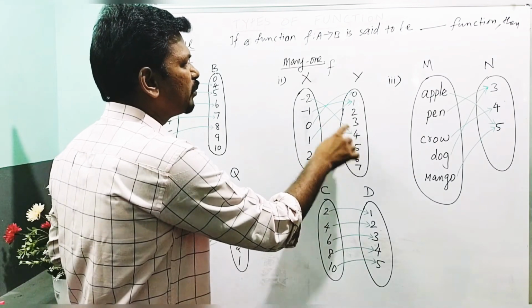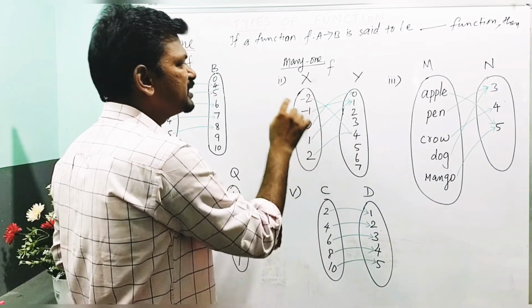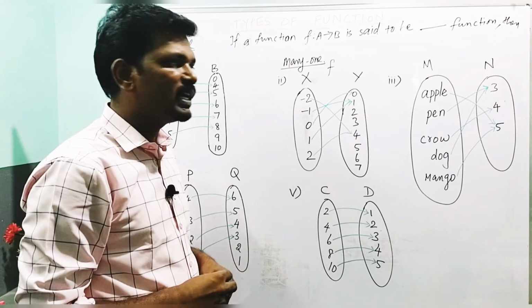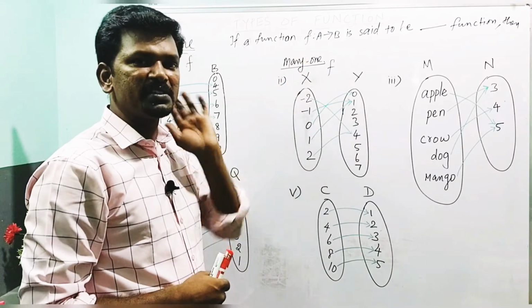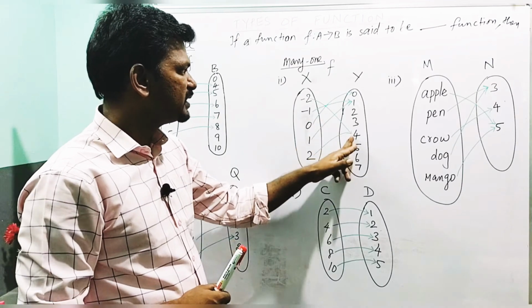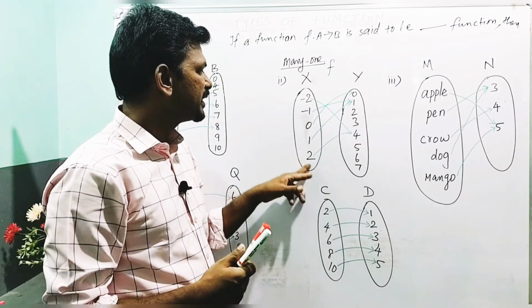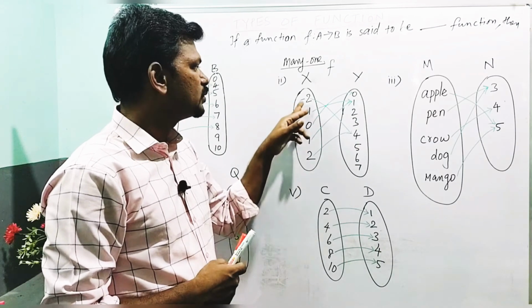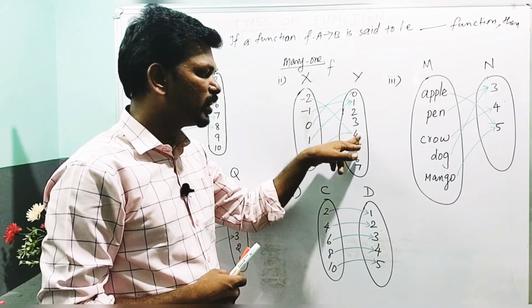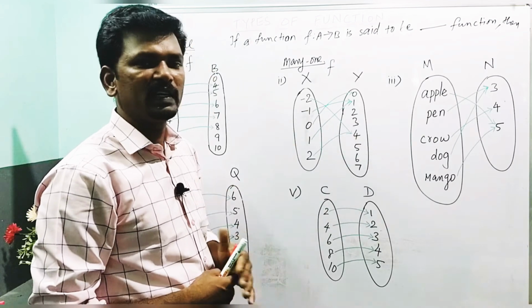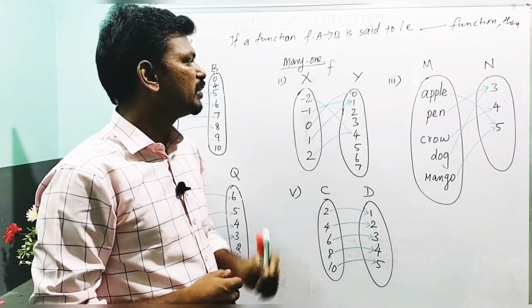If an image has 2 or more pre-images, such a function is called a many-one function. If there are 2 or more pre-images for only one image, such a function is called a many-one function.